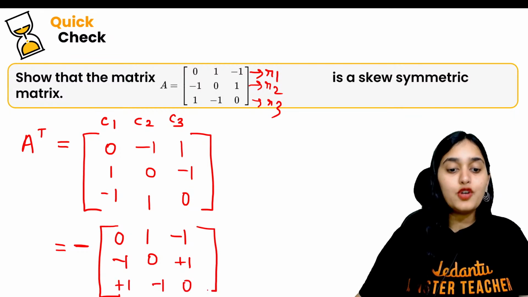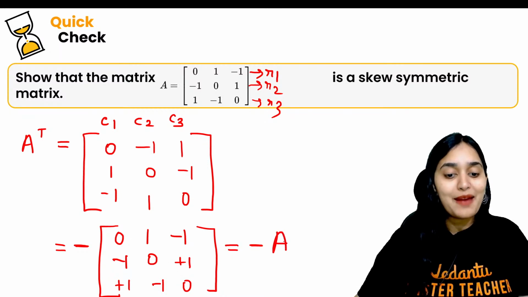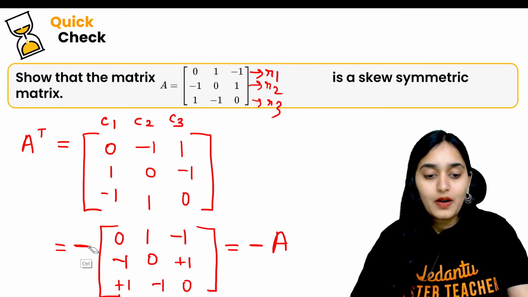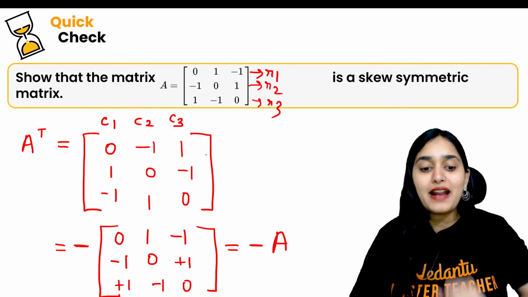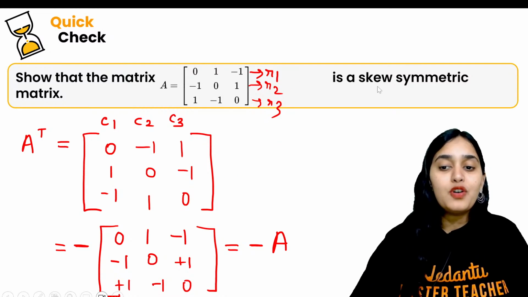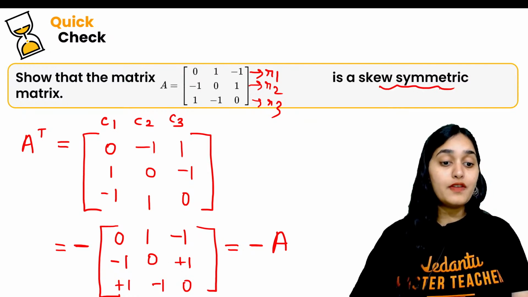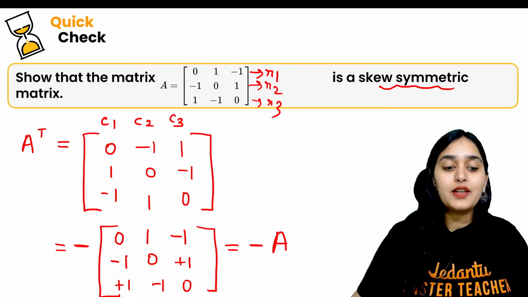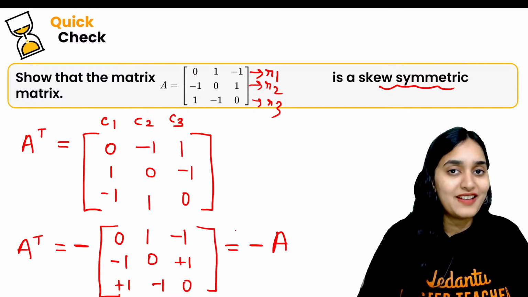So this is the new matrix we get, which is basically the negative of the A matrix, which proves it is a skew symmetric matrix. Hence proved, our matrix is skew symmetric because A transpose is equal to minus A.